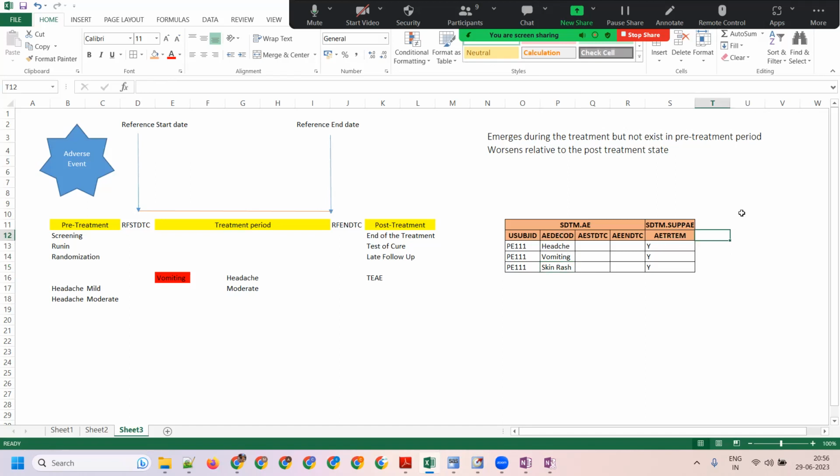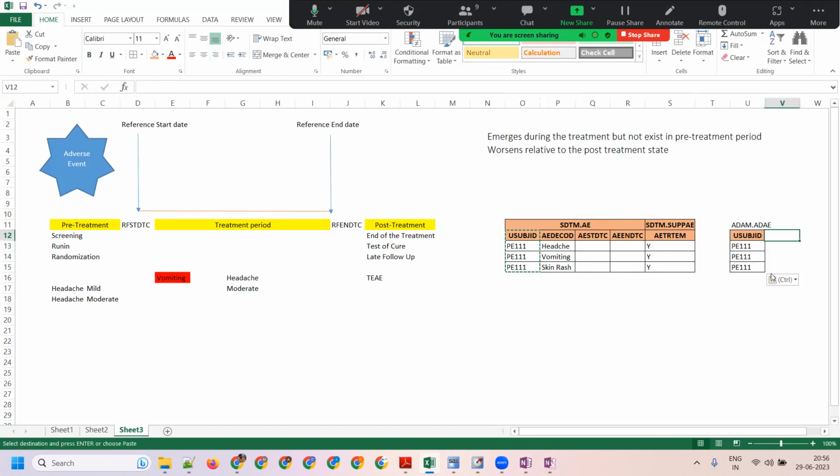Then I'm going to bring this to ADaM. Let's say here is where my ADaM starts: ADAE. Here I'm going to have these particular details. For the same unique subject ID, maybe I'll write only a few of them.